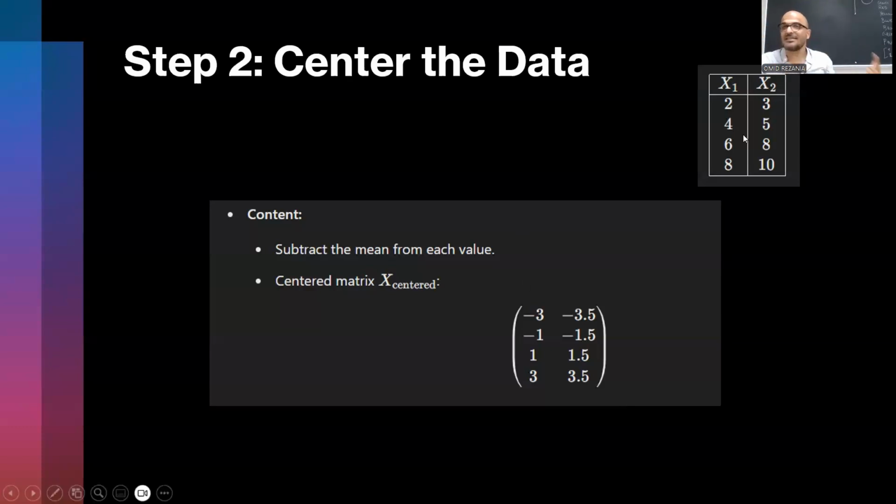Then 3 minus 6.5 gives me -3.5, and I do the rest. That was step number 2, so easy peasy. I had my measurements and my observables, I got the mean for each, then I centered the matrix coming from those measurements: the original data minus the corresponding mean of that observable.